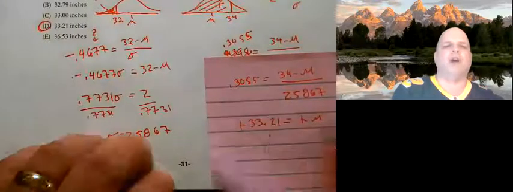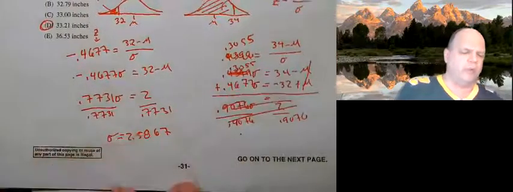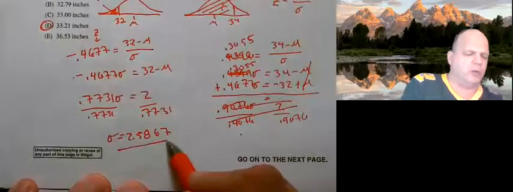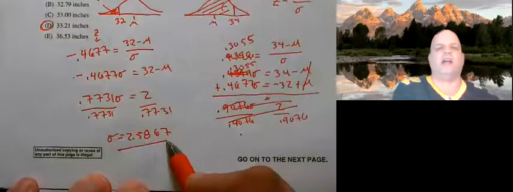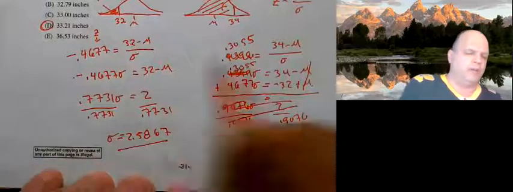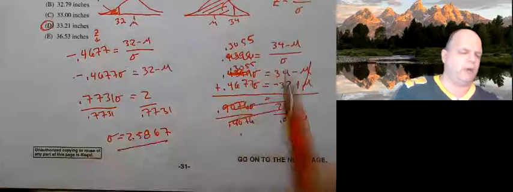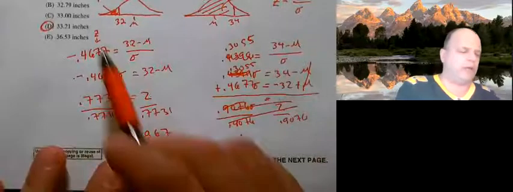Okay, and then you solve it using a system of equations, and if you don't make a mistake like I did, you're going to get a standard deviation of about 2.58, 2.59, and then I can plug back into either this equation or this equation, it doesn't matter which one, and I will get about 33.21, or D is my answer.